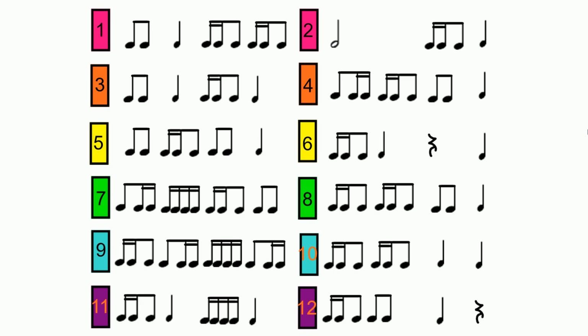Second time, same pattern. Are you ready? Here we go. Think about it. This one's tricky. Third and final time. Good luck.